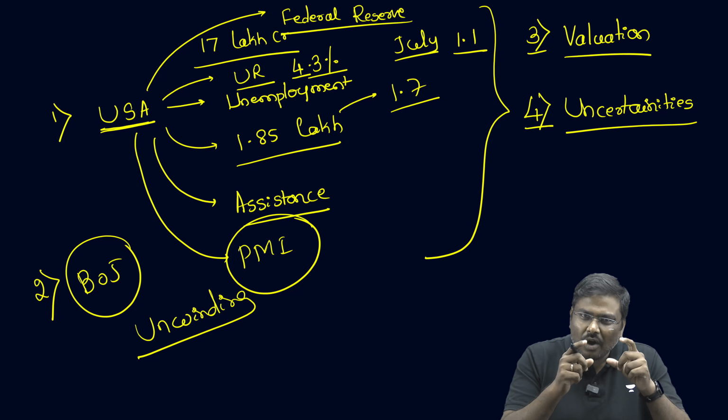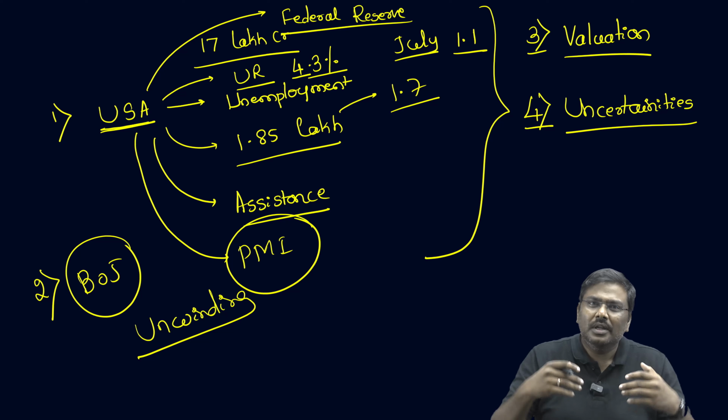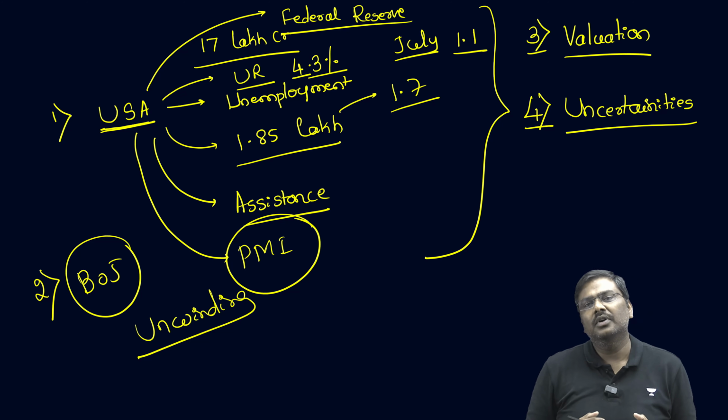And this event, or the possibility of further events, retaliation from one country on another, leading to more volatility in the market, has led to the market sell-off today itself.